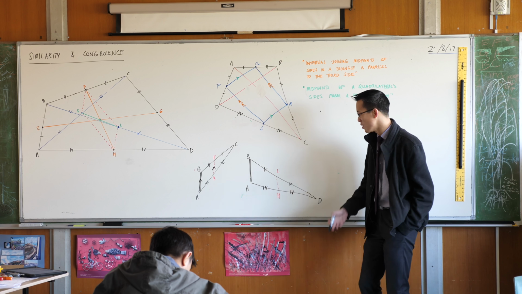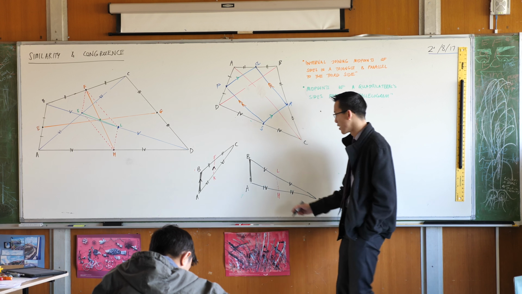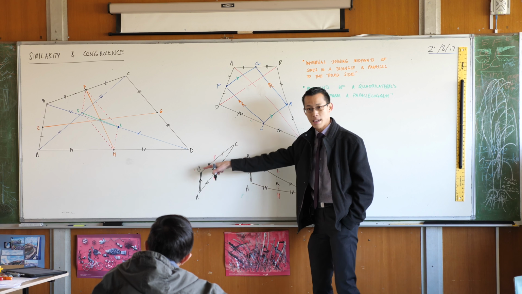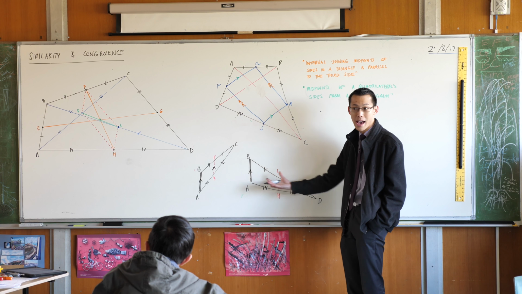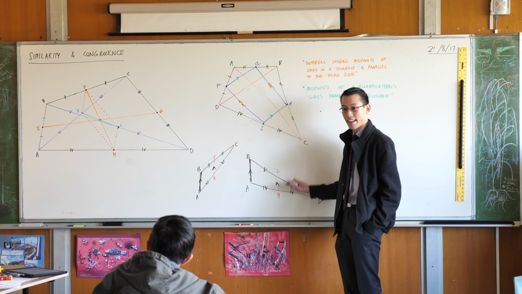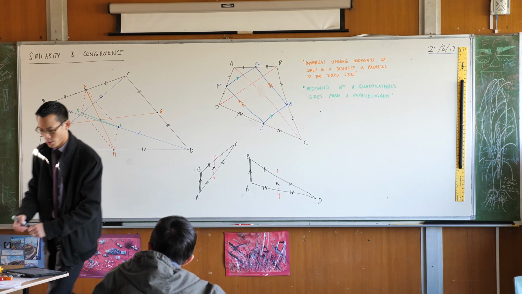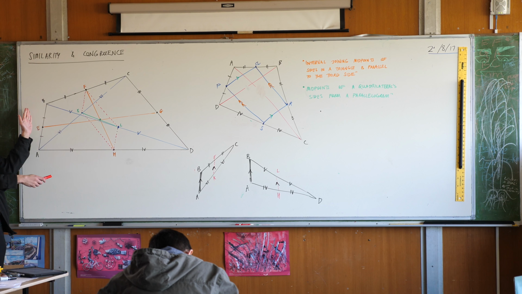So tell me what you know about AB and LH. They're parallel. But what I want you to notice is they're both the same parallel. They both have to be the same parallel because look, AB is the same side in both triangles, right? So what does that tell you about FK and LH? They're parallel as well.